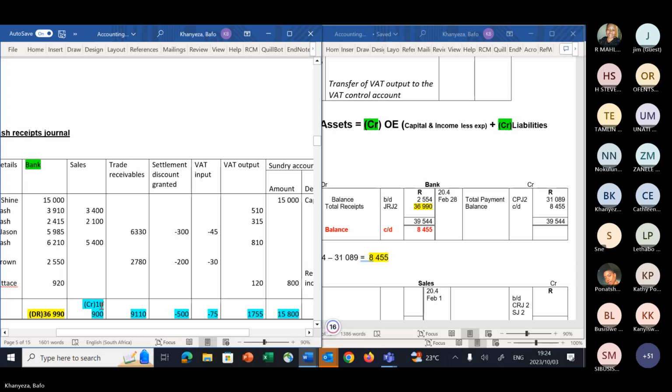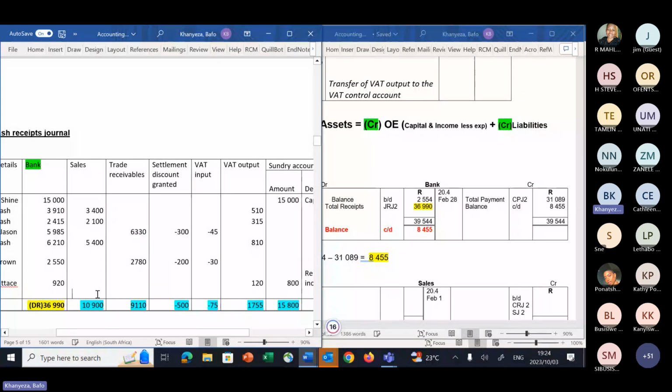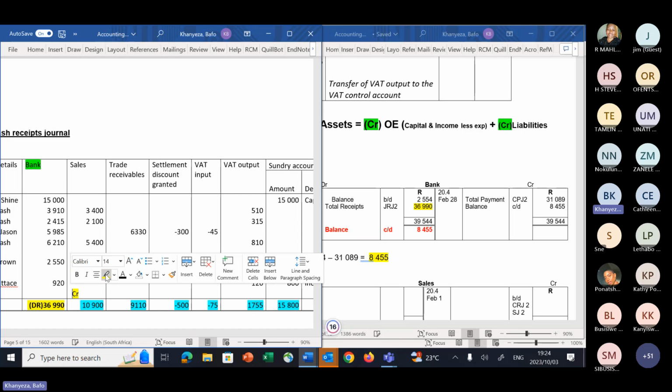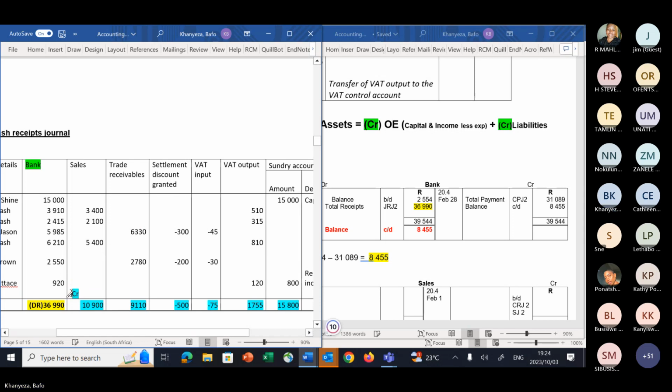See, these credits I'll write on top. So this is a credit then. This 10,990, because of double entry, it means then that this is a credit, because you've debited.